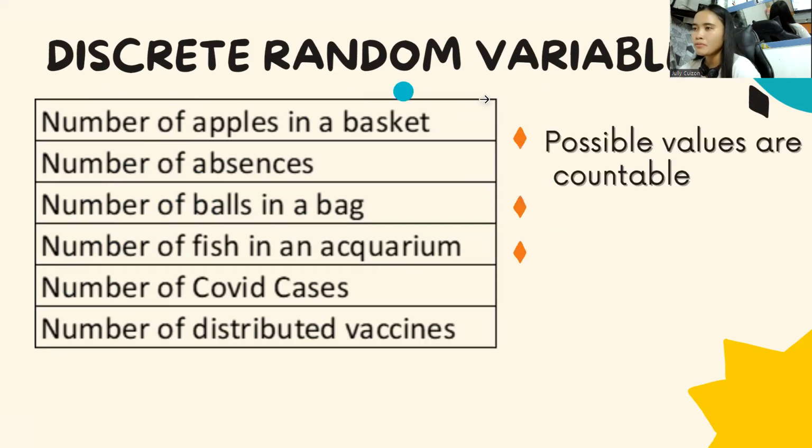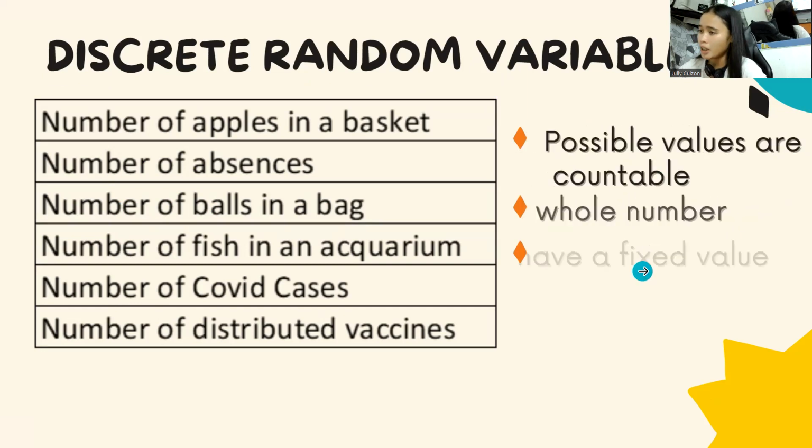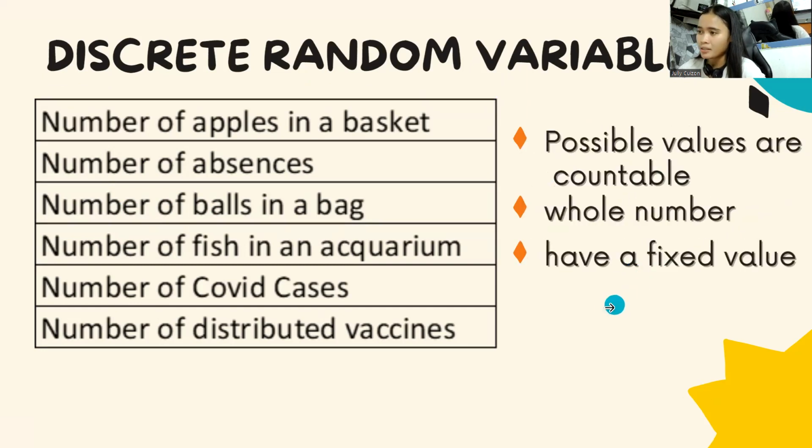Discrete random variable values are countable. They are whole numbers, as I said earlier, and have a fixed, finite number. Can we use 1/2, 1/4, or 3/4 here?